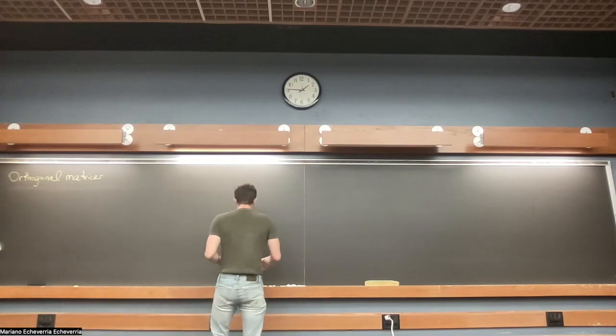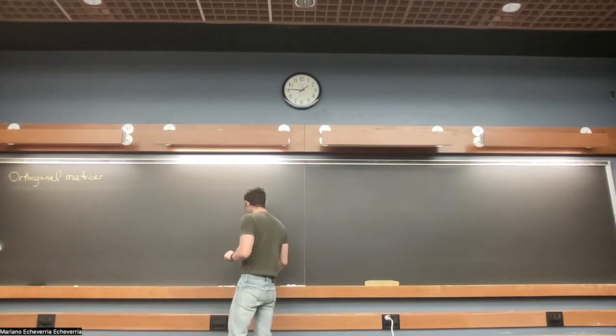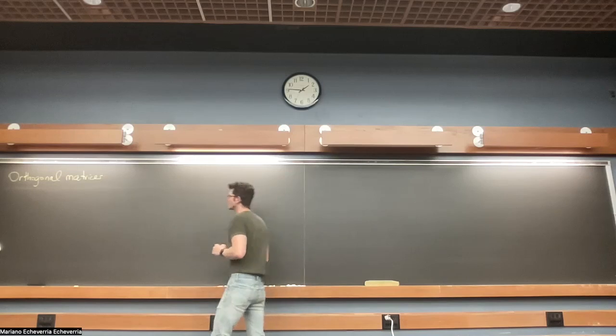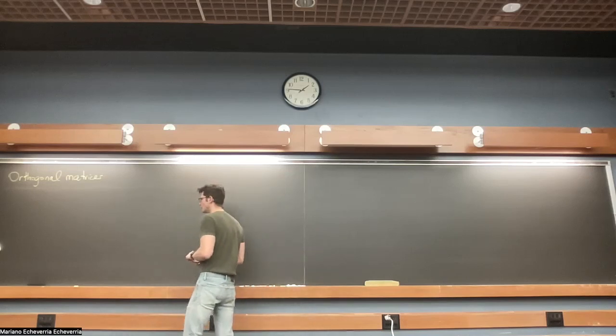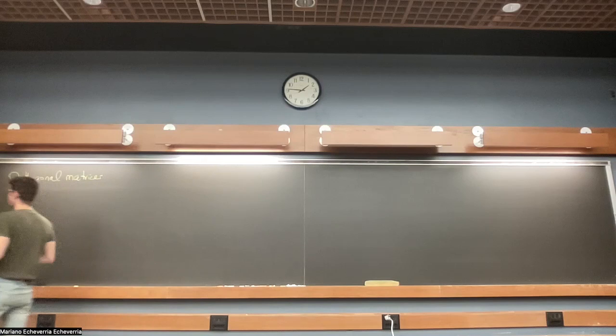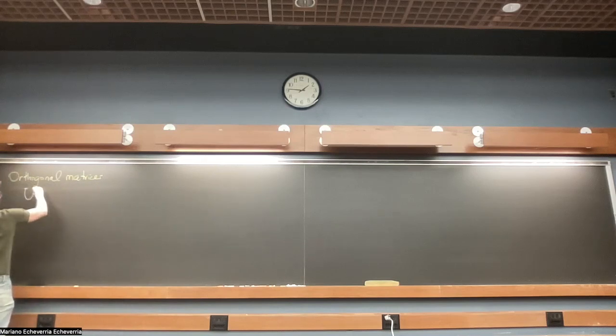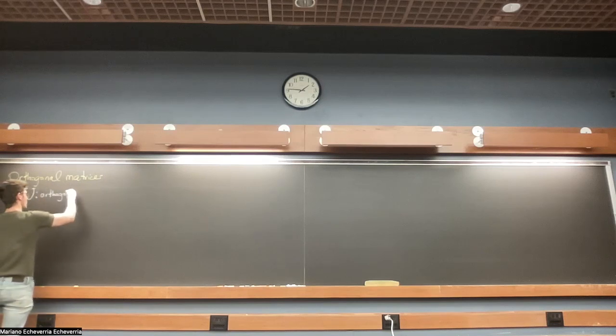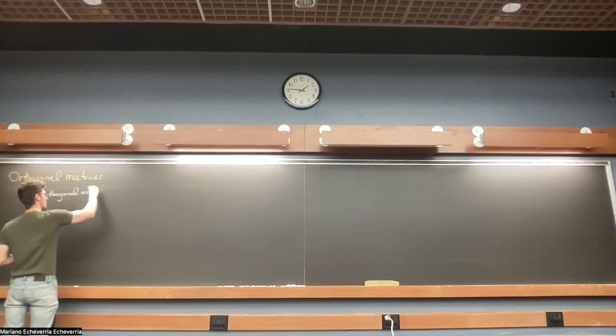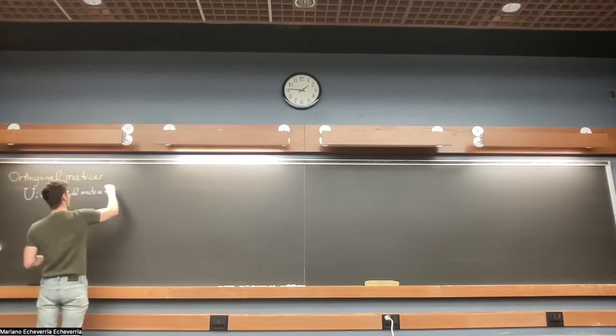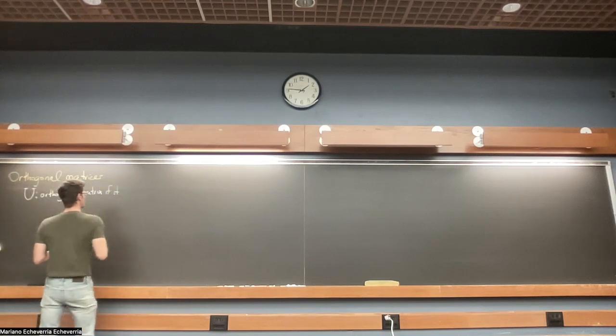I will call these matrices U, just because they're also called unitary matrices if you allow for complex numbers. It is a square matrix.